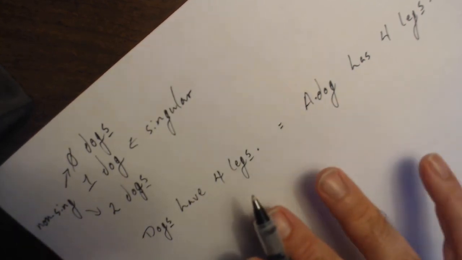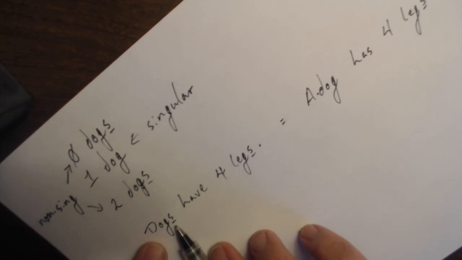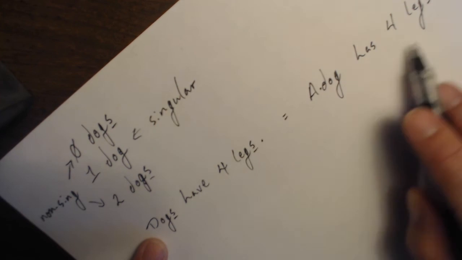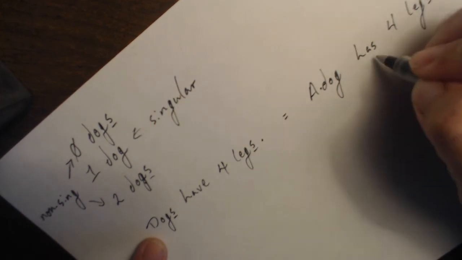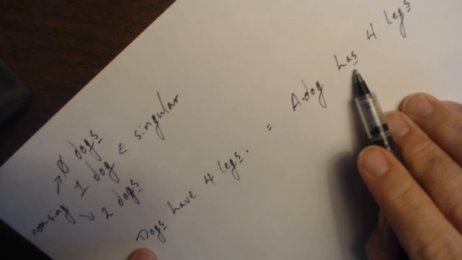Now, there's another layer to this weirdness. This S that we have over here on dogs, it's actually showing up in this sentence, right here, on the verb.